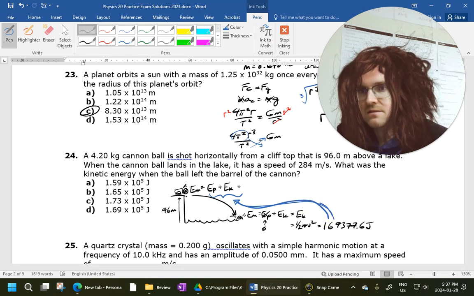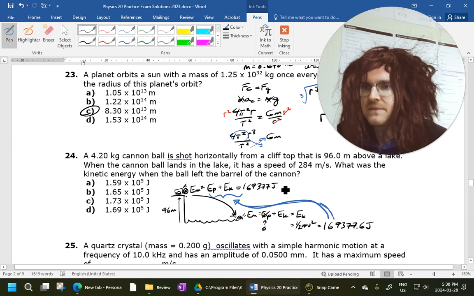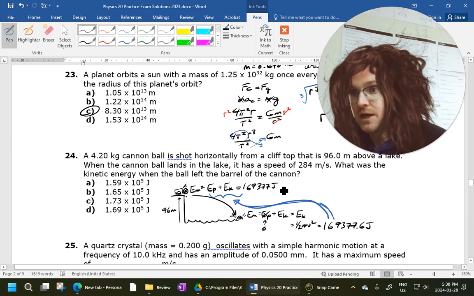So this is equal to 169,377 joules. Okay, but at the top we have two types of energy, right?